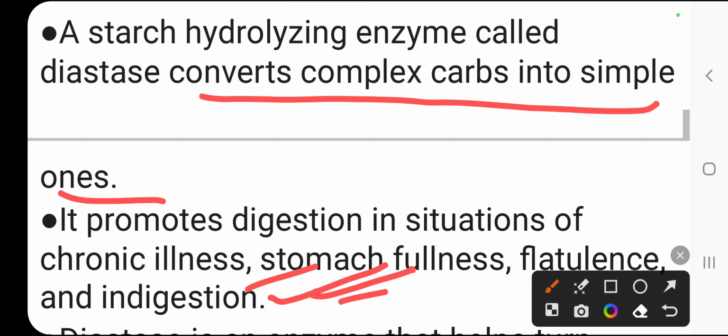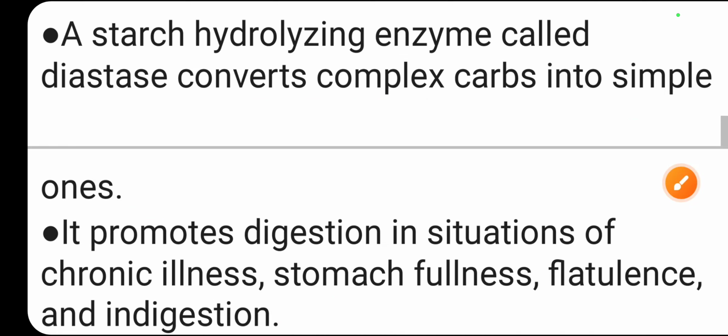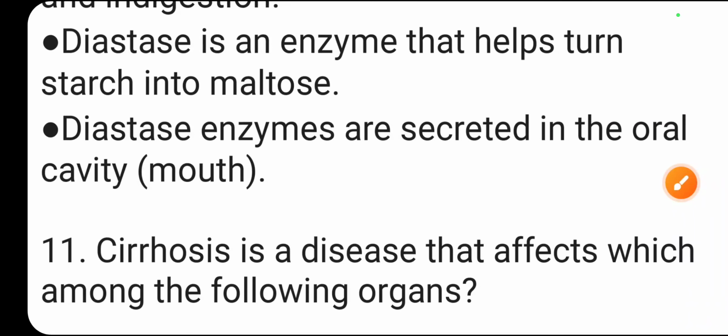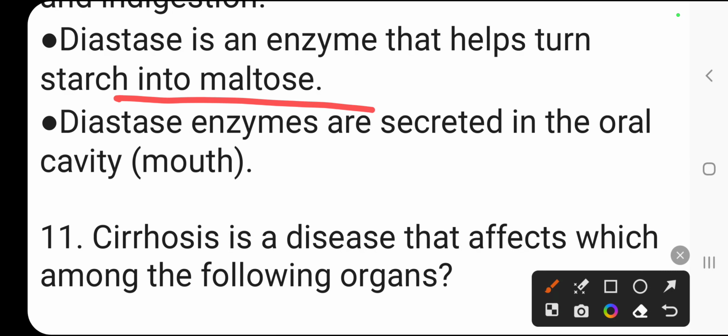It is an enzyme that converts starch to maltose and it is secreted by the oral cavity, that is the mouth.